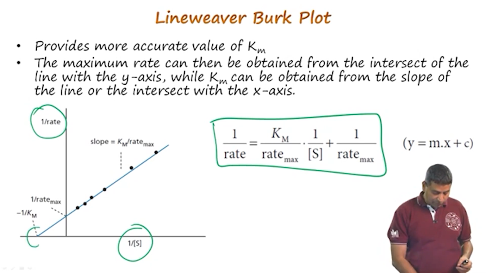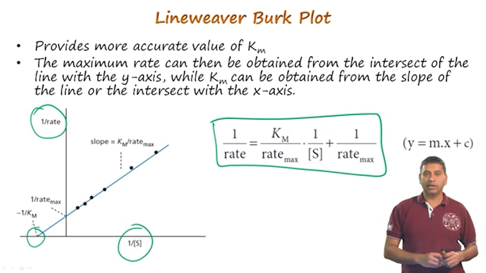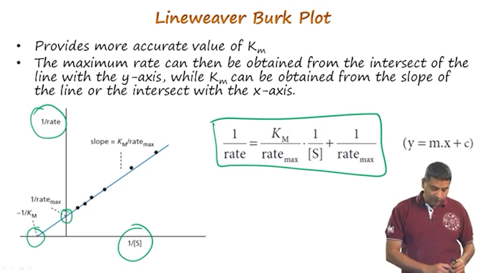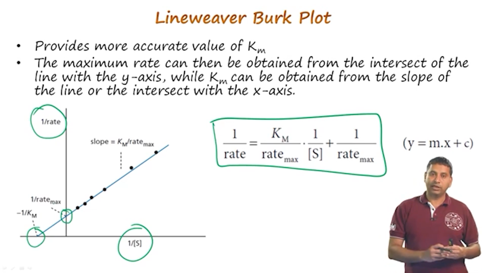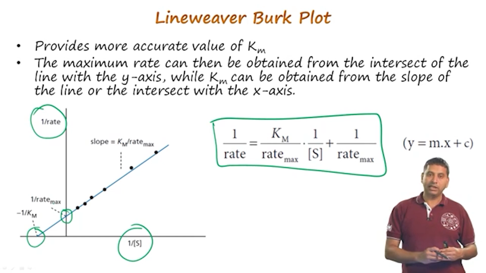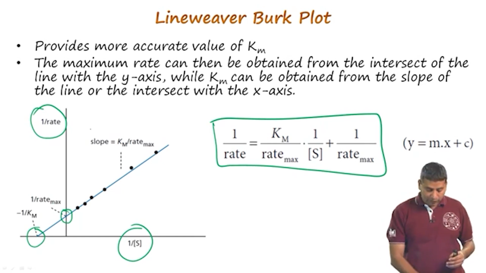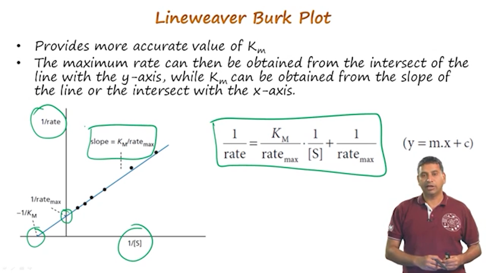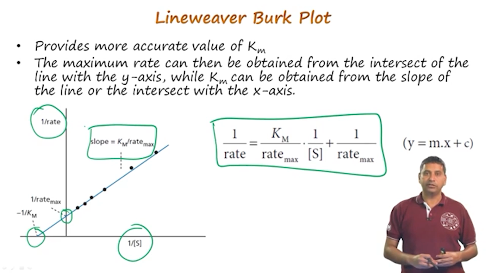The intercept over here is minus 1 by Km, and the point where the line meets the y axis is 1 by rate max, and the slope is nothing but the Michaelis constant Km divided by rate max. So, a number of important parameters about the enzyme can be obtained by this Lineweaver-Burk plot.